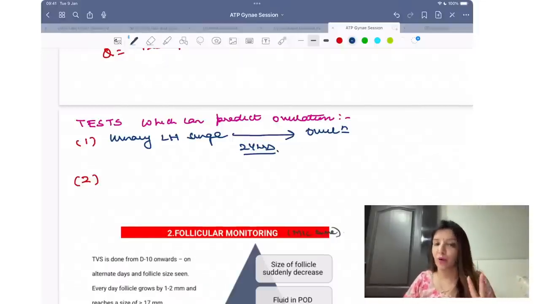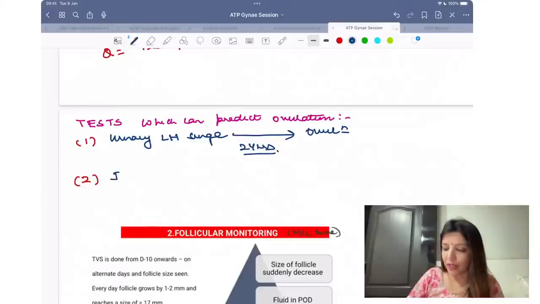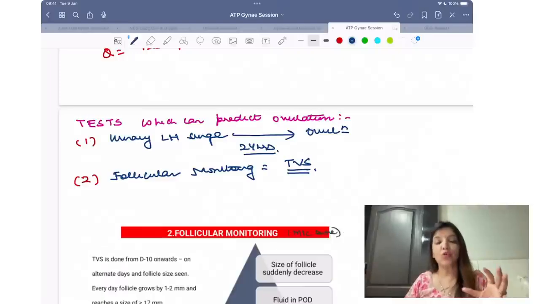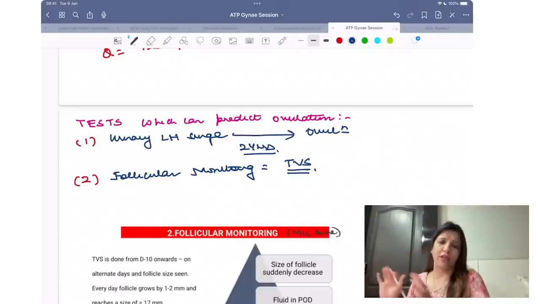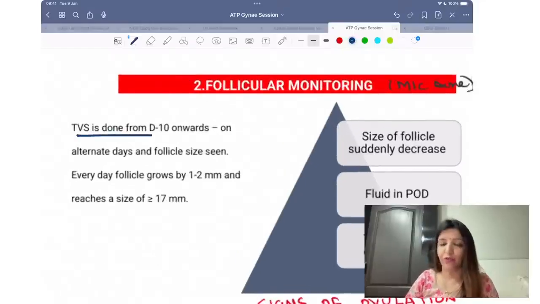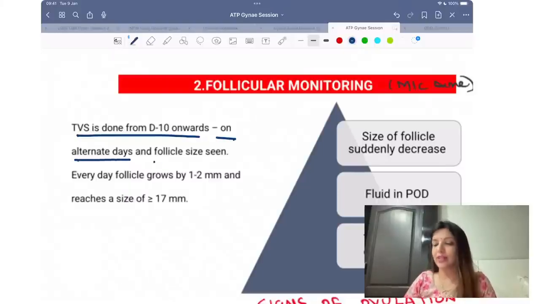Second test is follicular monitoring. Follicular monitoring is a special type of TVS in which you study only the follicles. This TVS is done from day 10 onwards, on alternate days, and you check the size of the follicle.